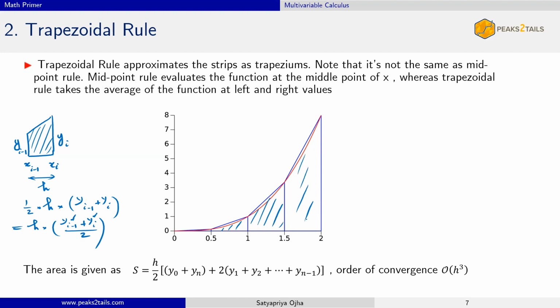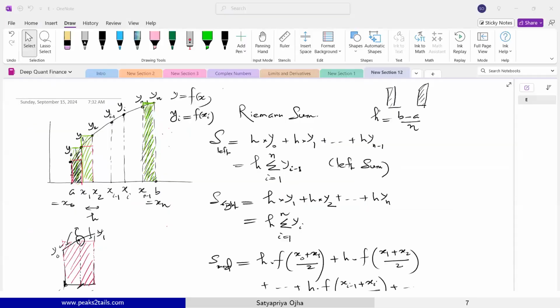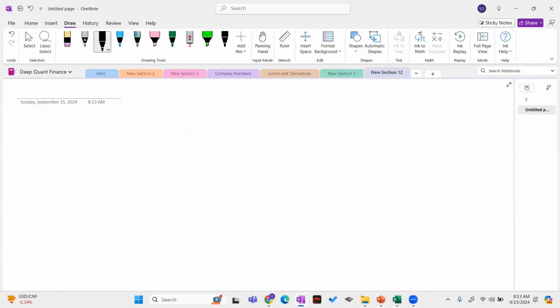Now, if you look at the formula, what do we get? Let me do it here so we have some consistency. The second scheme we're looking at is the trapezoidal rule.